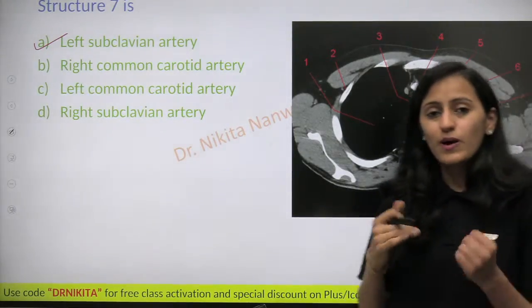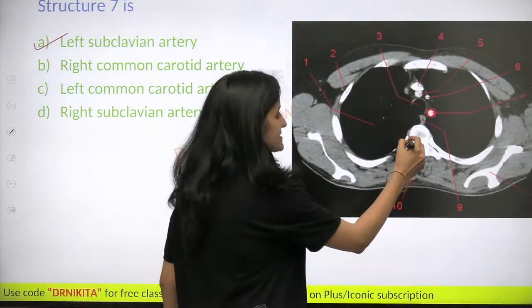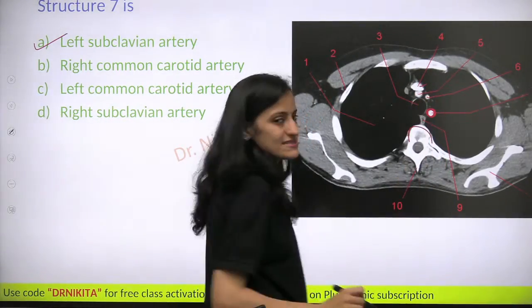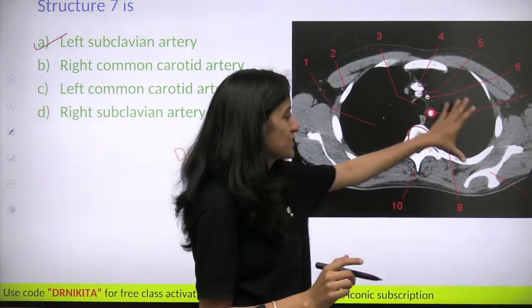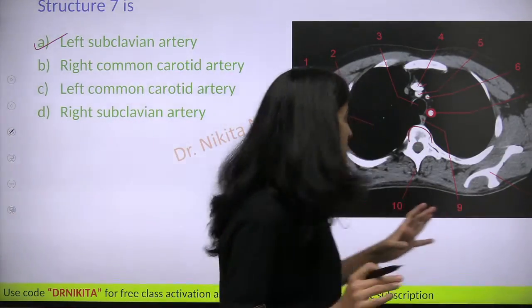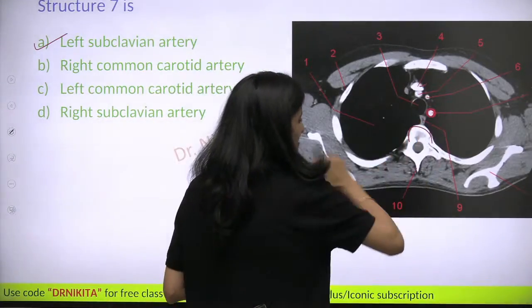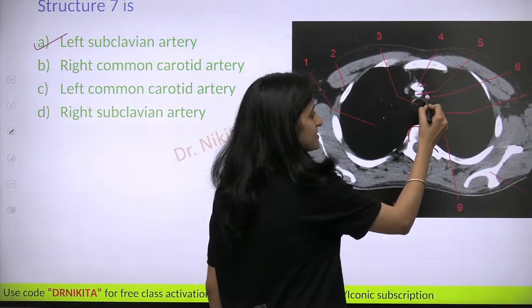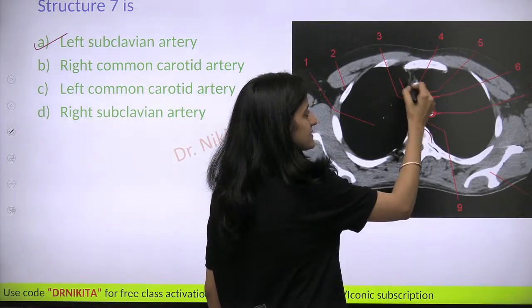Now, what is this image? This again is a CT scan. The bone is white. In contrast CT, the vessels are white. This is a contrast CT. You can see the lungs. So basically, it's a CECT of the chest. In the section that we have taken, how many vessels can you see? This is the first vessel, second vessel, third vessel, fourth and fifth.